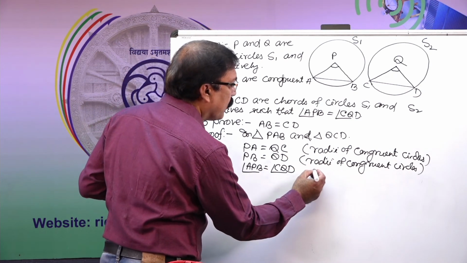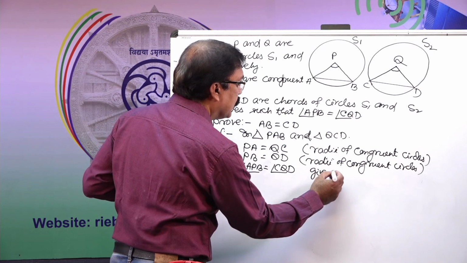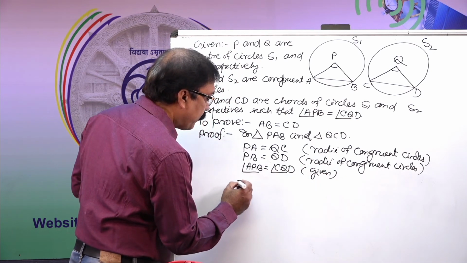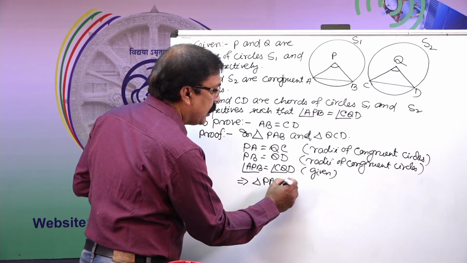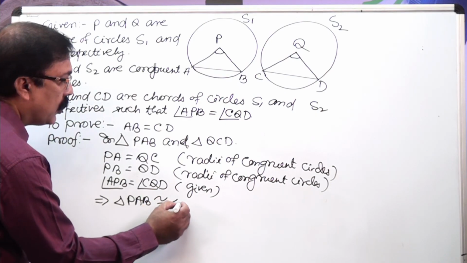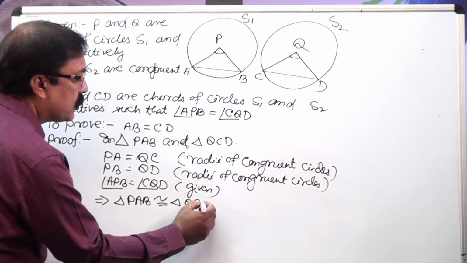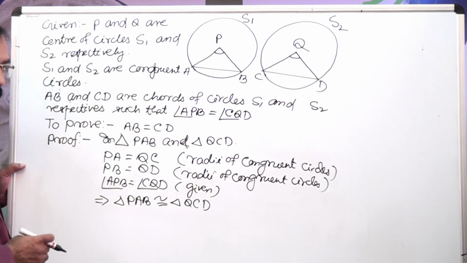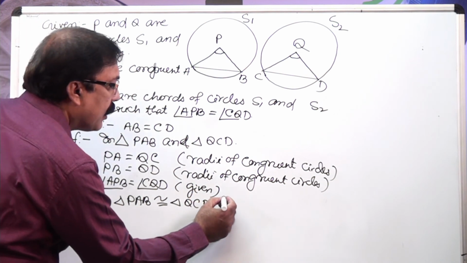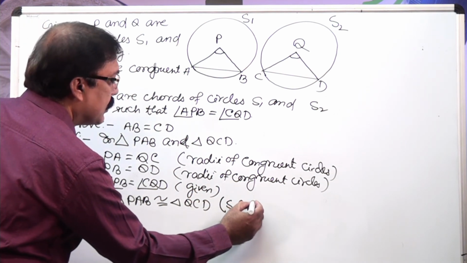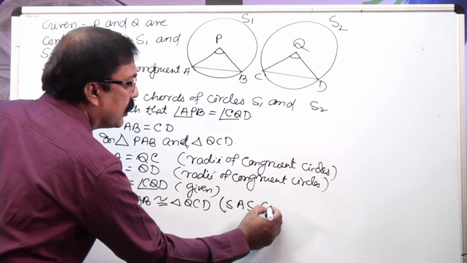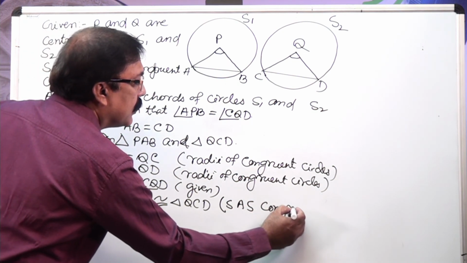It is given. So this implies triangle PAB is congruent to triangle QCD. Why? By side angle side congruency.